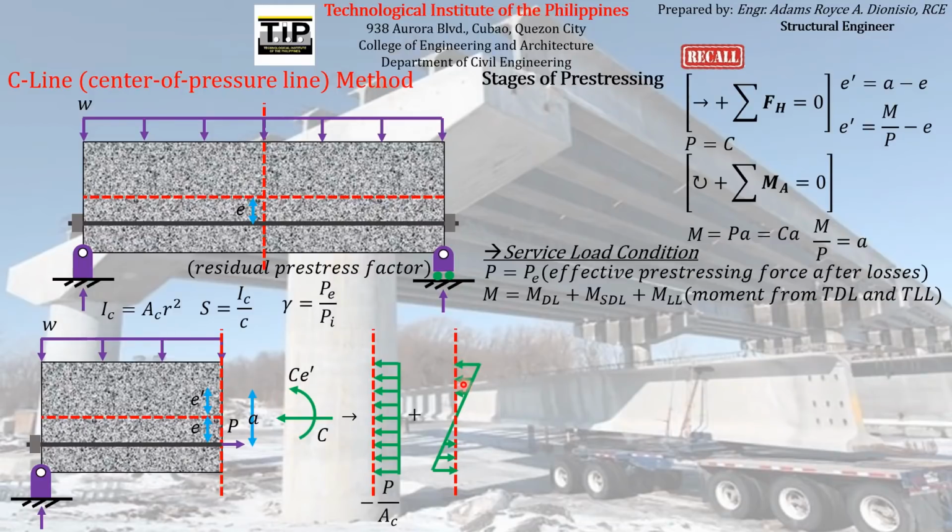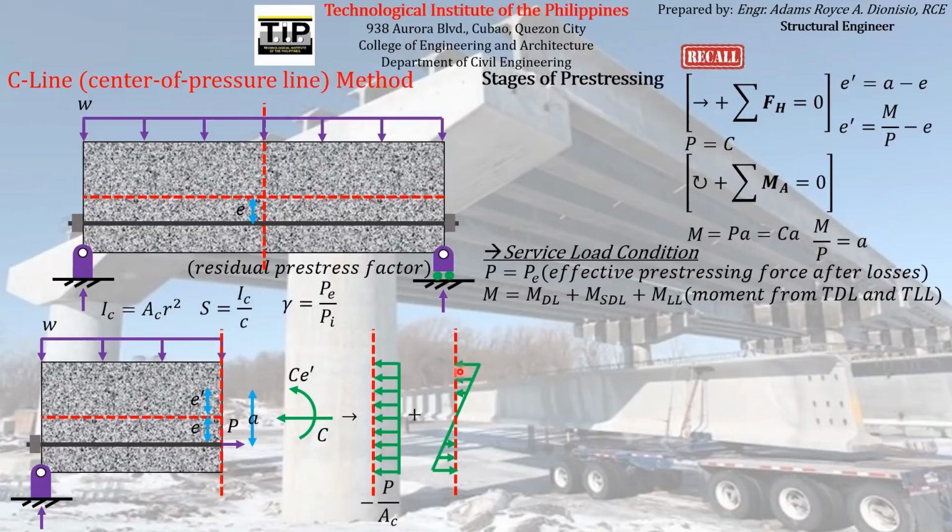If you investigate this diagram, the flexural stresses resulting from the bending moment CE prime are composed of several equal forces with respect to the centroid or neutral axis. So we have equal forces with opposite directions, which again produce what we call a couple and a couple moment.